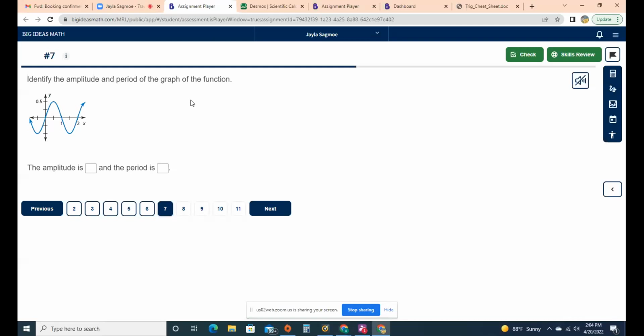Okay, why don't you try determining the amplitude of this one on your own? So this would be 0.5 minus 2 over 2. Right, 0.5 is definitely the max. What is the minimum value? -2. How are you coming up with -2? Is it because there's 2? Right, but that would be true if it was by 1.